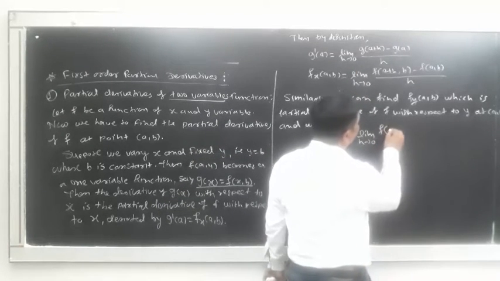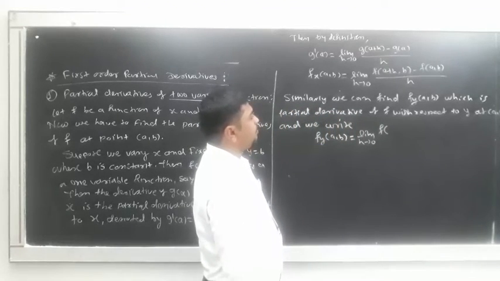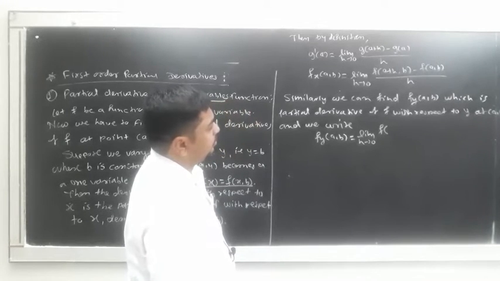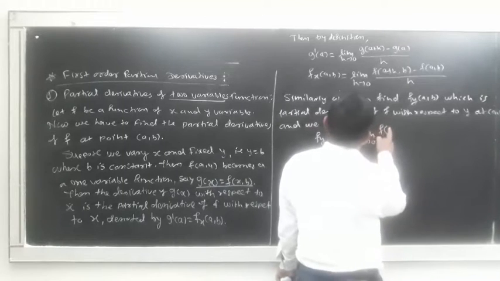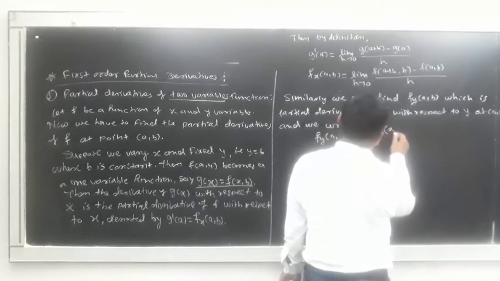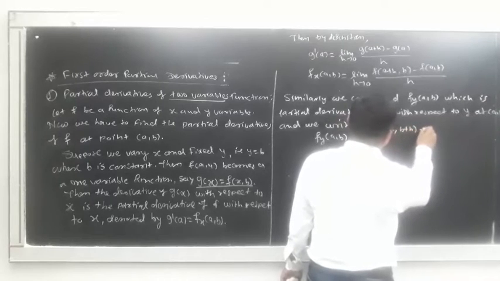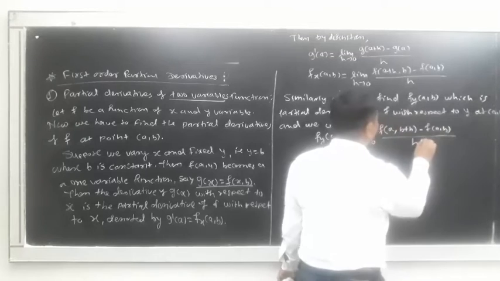Only what varies here, you have to keep x constant, and we have to vary y. So it is nothing but f of a, b plus h minus f of AB upon h.